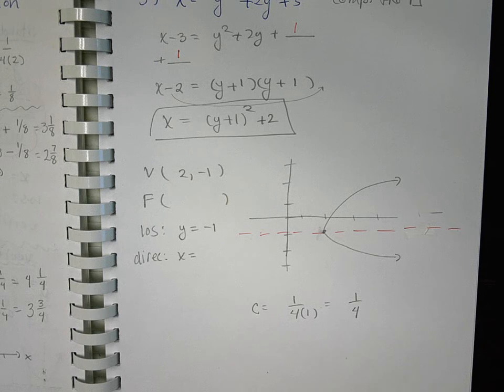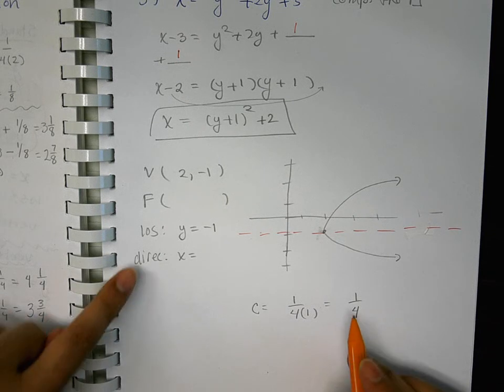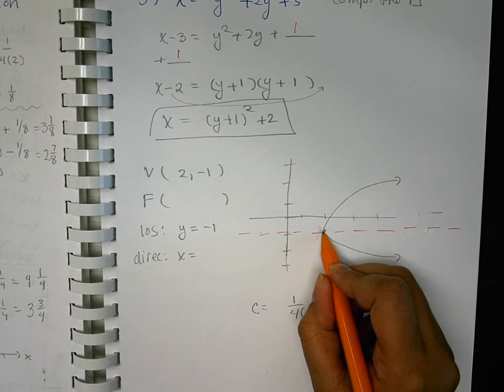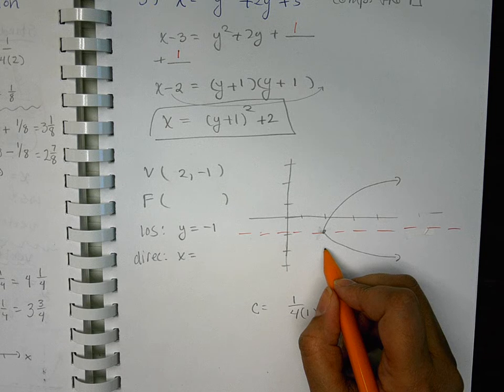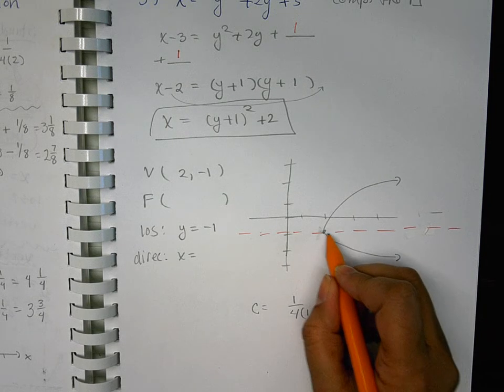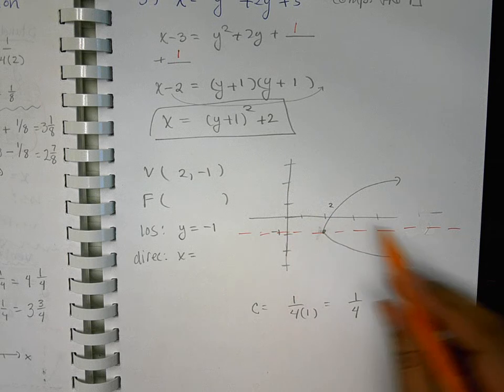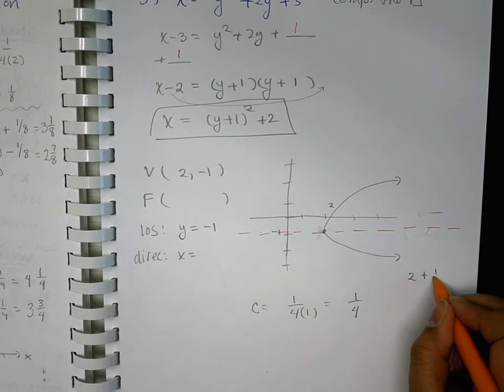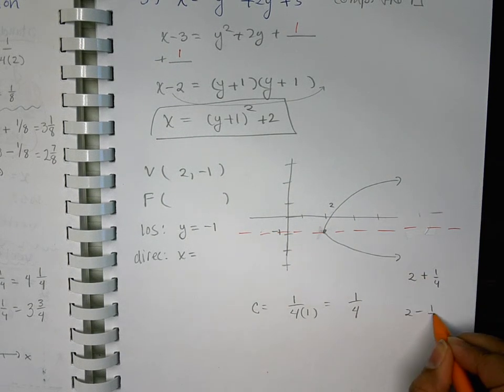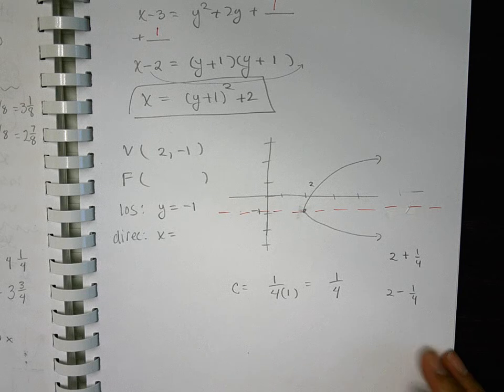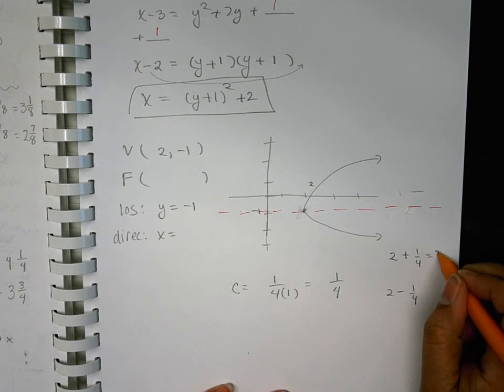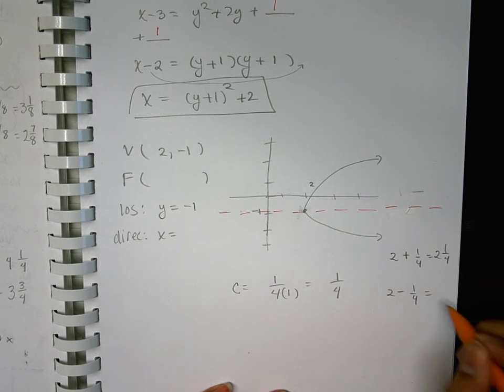All right, so when I move from here, I'm going to move which direction 1/4? Right and left or up and down? Right and left. So what is changing from my vertex, the 2 or the -1? So the 2 is what I'm going to add 1/4 to, and the 2 I'm going to subtract 1/4 from. Yes or no? 2 plus 1/4 is 2 and 1/4. 2 take away 1/4 is 1 and 3/4.